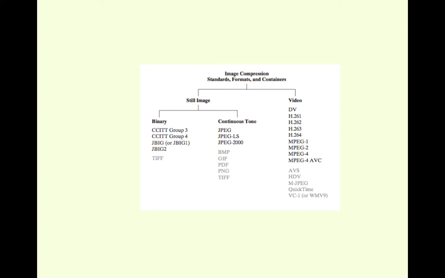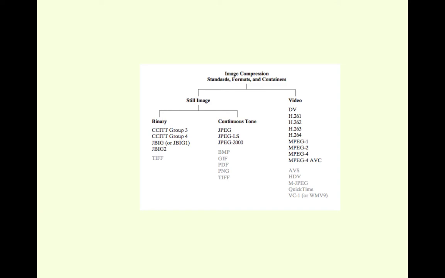Now, these are the image compression standard formats and containers. For still images, there are two types: binary and continuous tone. For binary, there are CCITT Group 3, CCITT Group 4, JBIG or JBIG1, then JBIG2 and TIFF. For continuous tone, there are JPEG, JPEG-LS, JPEG 2000, BMP, GIF, PDF, PNG, TIFF.